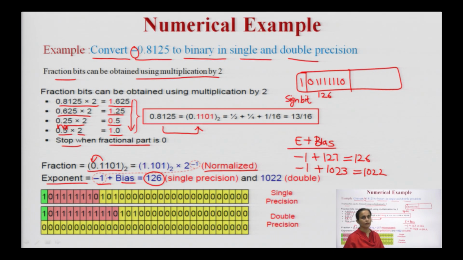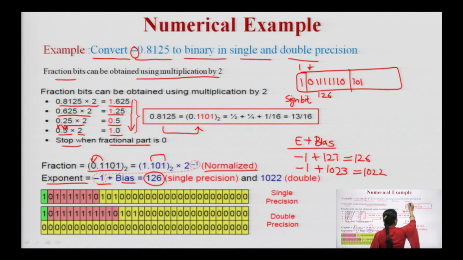Then the third part is my fraction part. How to write that? I will write it after the decimal portion only. So, I have written 101, since it is of 23 bits, because 1 bit plus 8 bits make 9, and 32 minus 9 comes out to be 23.